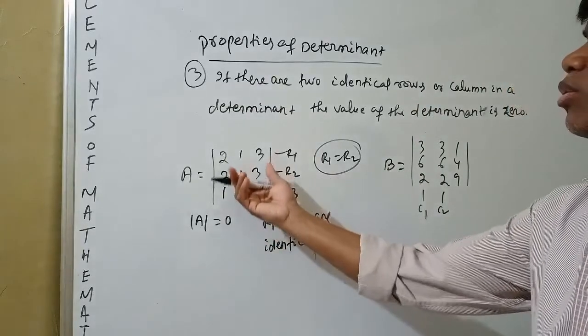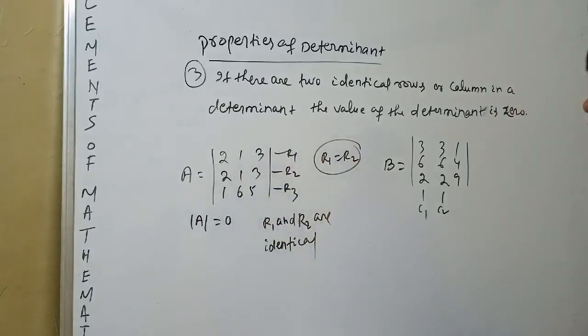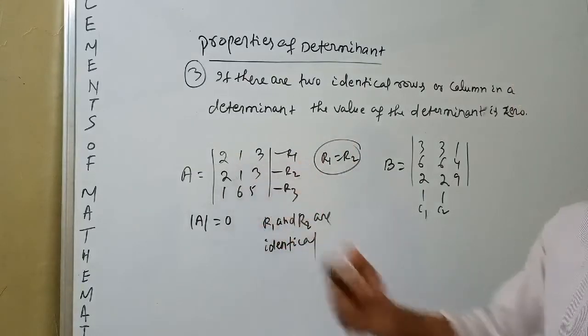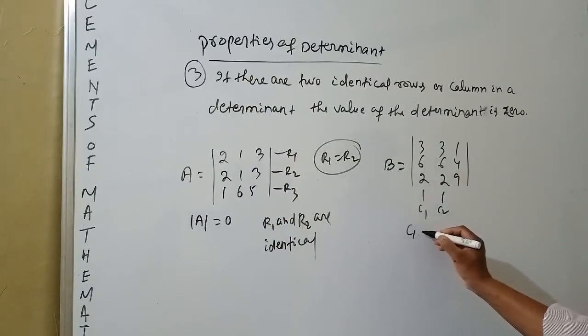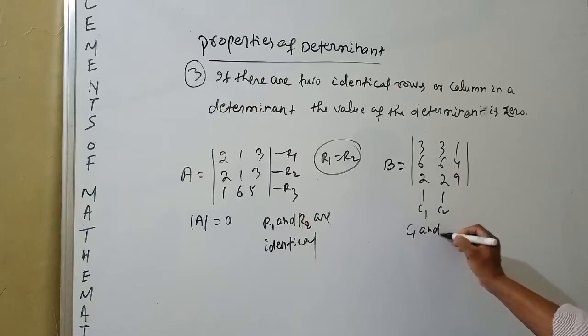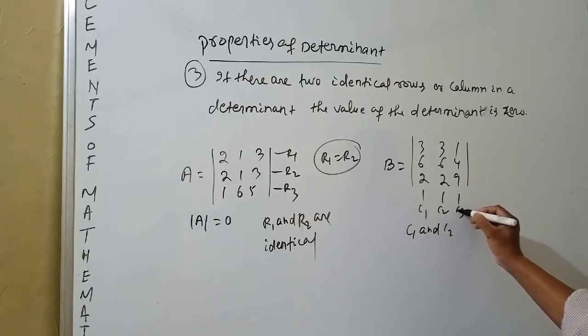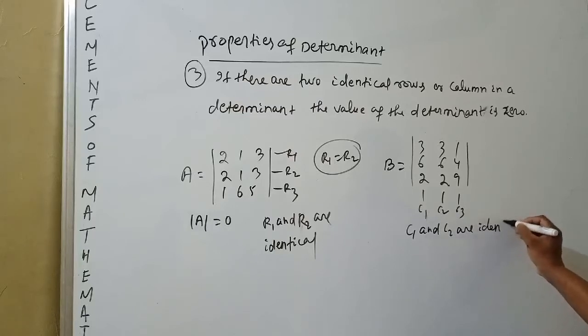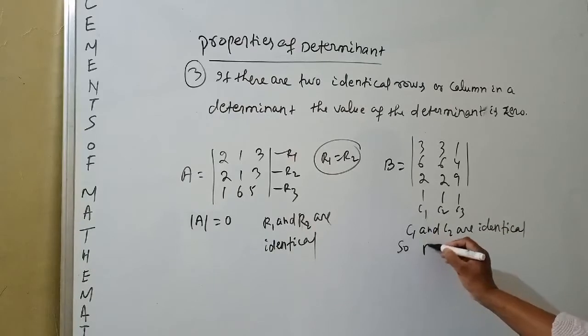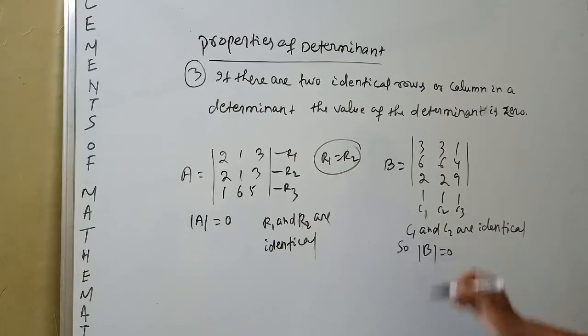So here two rows are equal, that means the value of this determinant is 0. Here also C1, C2 are equal, C1 and C2 are identical. So determinant of B is equal to 0. If you calculate, automatically you can get 0.